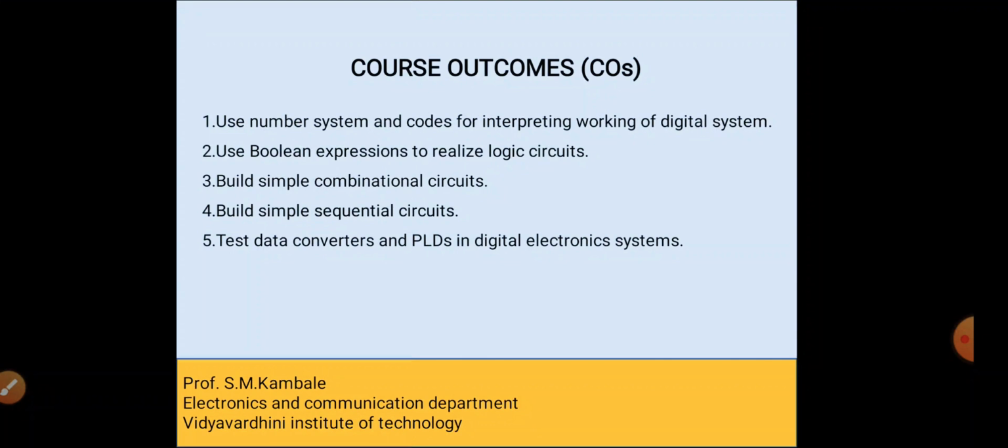Now going to the next course outcome, which is related to unit number two, logic gates and logic families. The second CO is use Boolean expressions to realize logic circuits.